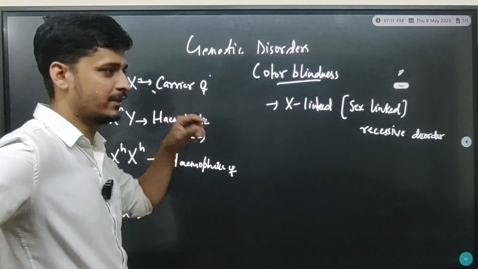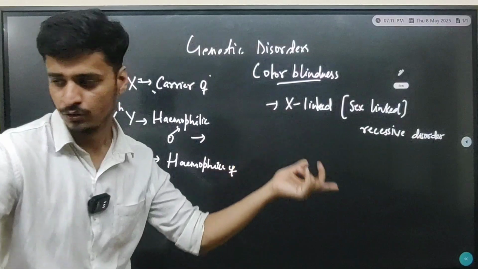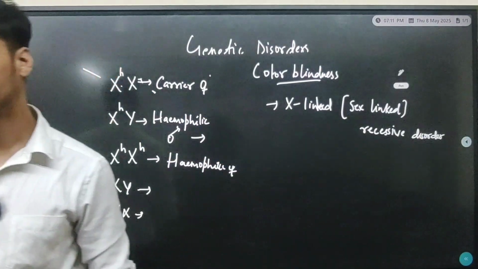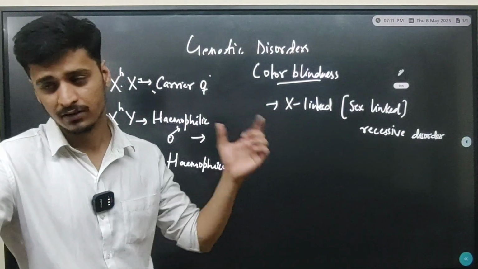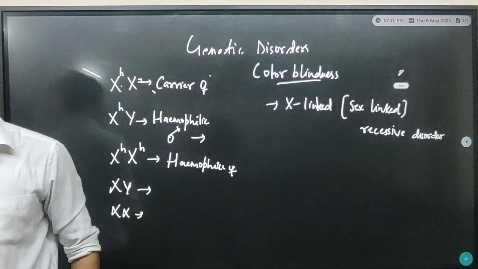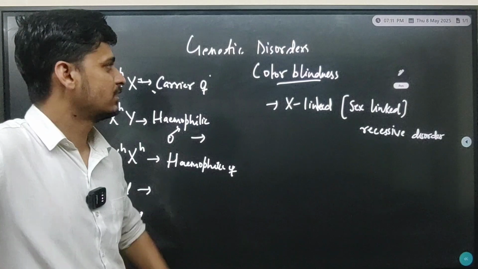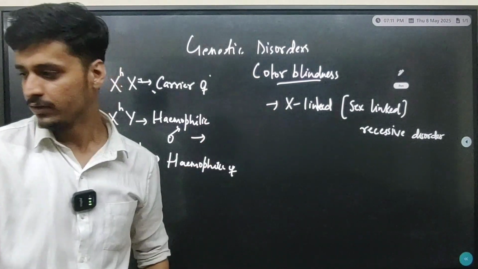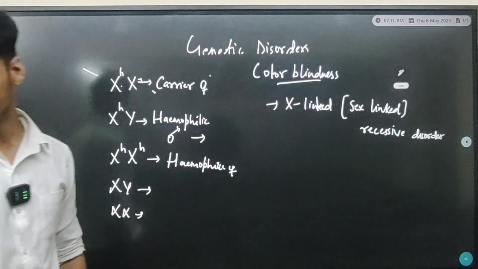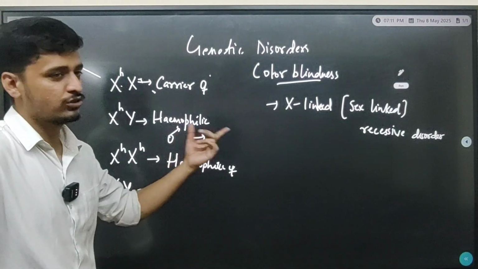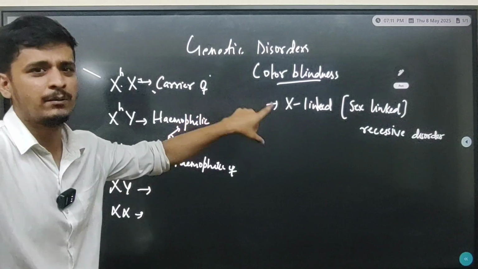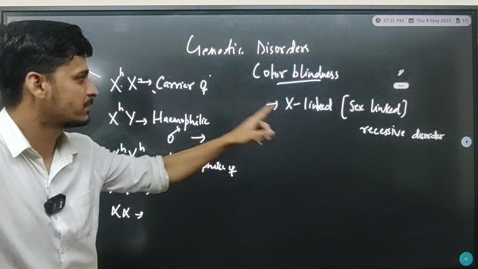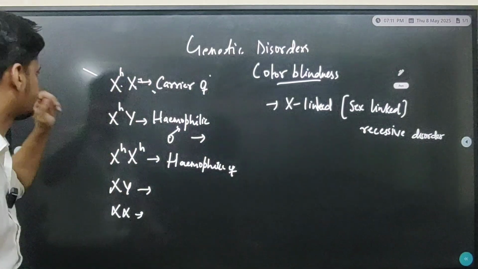Their genetic pattern is the same as hemophilia, but in color blindness the infected individual loses the ability to differentiate between red and green color. Similar to hemophilia, the infected allele or gene is present on the X chromosome.